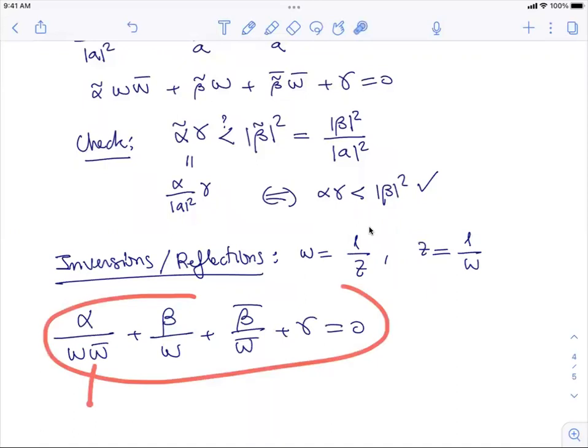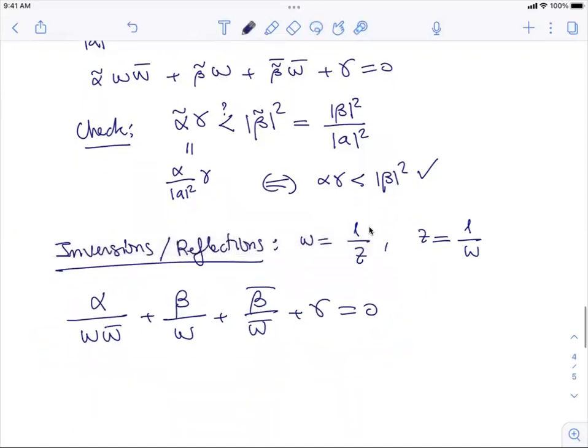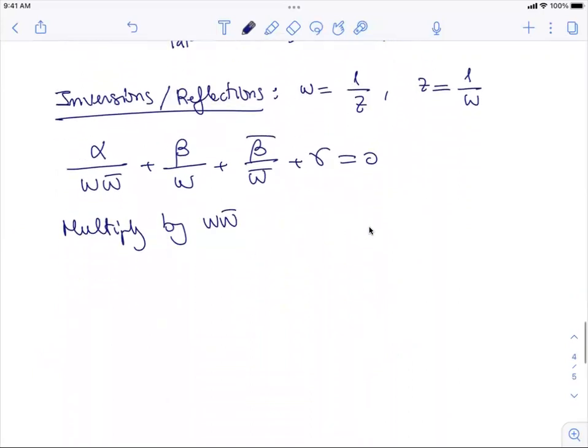We are just plugging in Z, Z bar and so on. But now if we multiply everything by W bar, we get what we want. Only things are slightly misplaced, but all looks good. So we get alpha plus beta W bar plus beta bar W plus gamma W W bar equals 0.